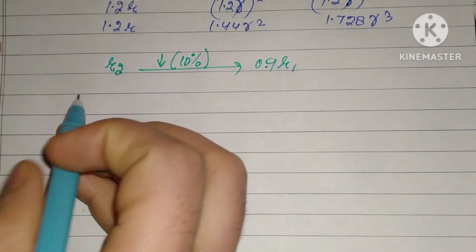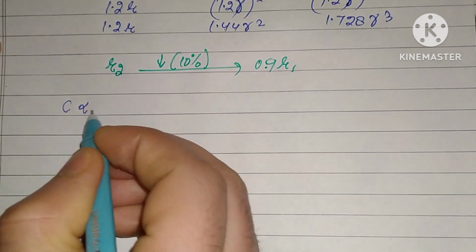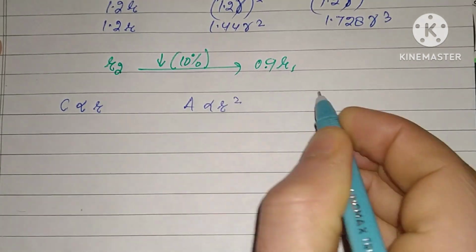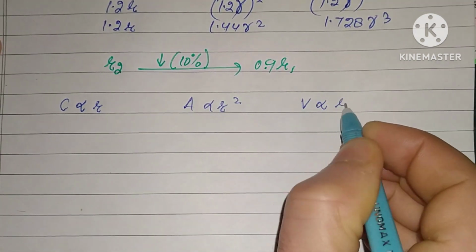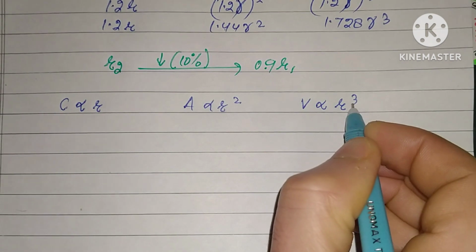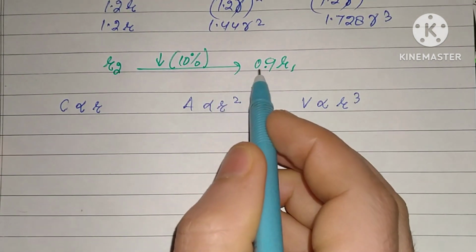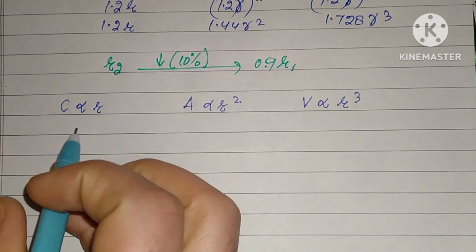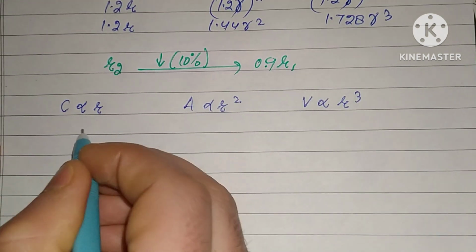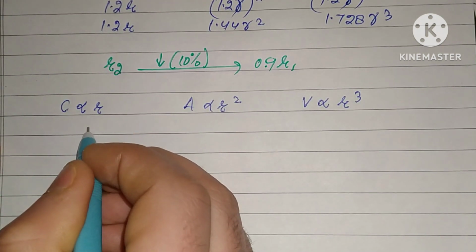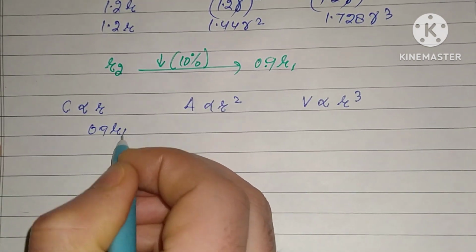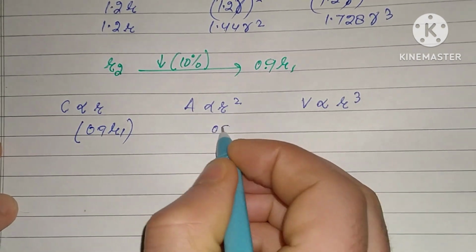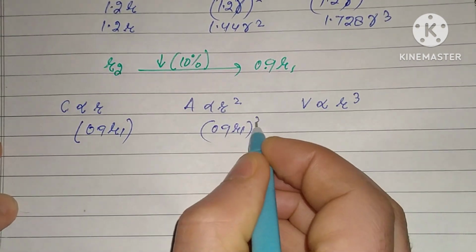Now, circumference is directly related with radius, area is directly related with radius square, and volume is directly related with radius cube. When radius decreases by 10%, the new radius will become 0.9 times r. So circumference will be directly proportional to radius, 0.9 r1. Area is directly proportional to radius square, 0.9 r1 square.